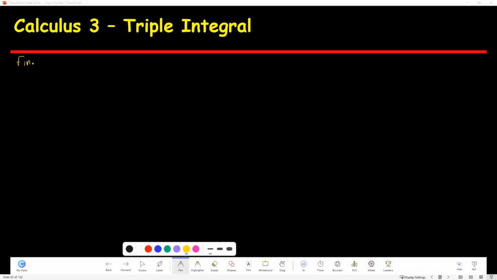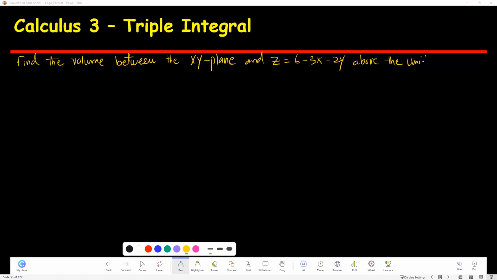Find the volume between the xy plane and z equals 6 minus 3x minus 2y above the unit square R. The unit square is given as R. That is my region.